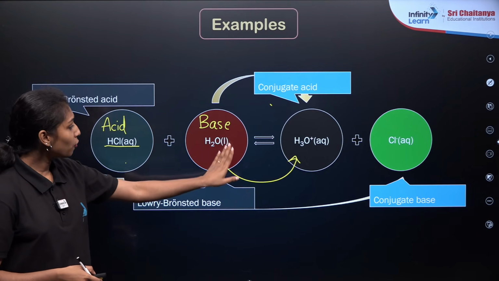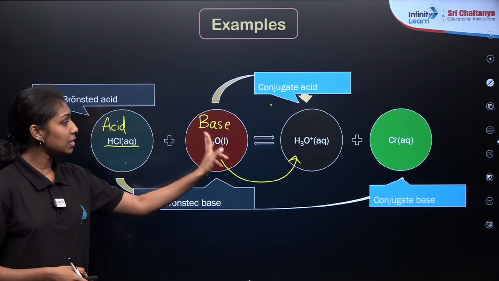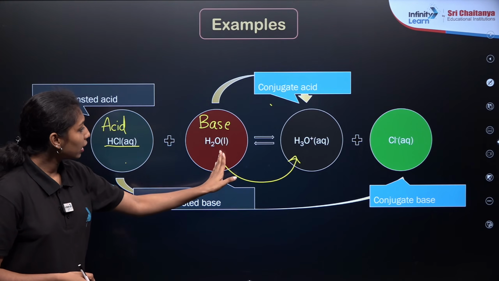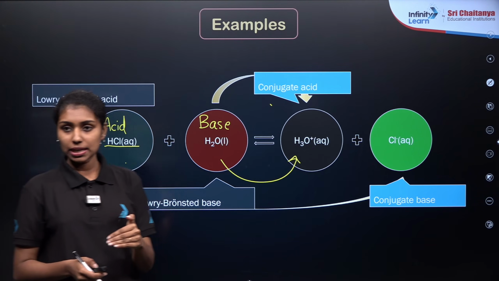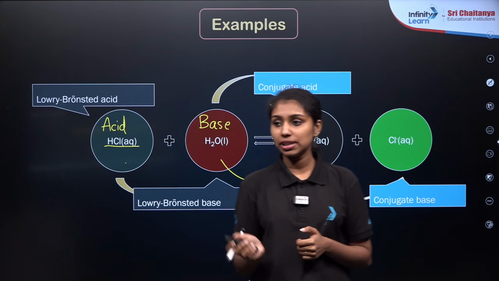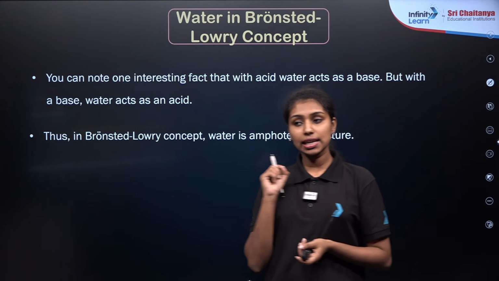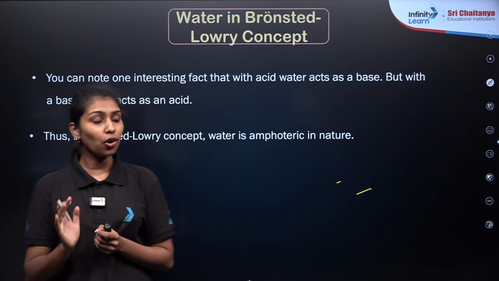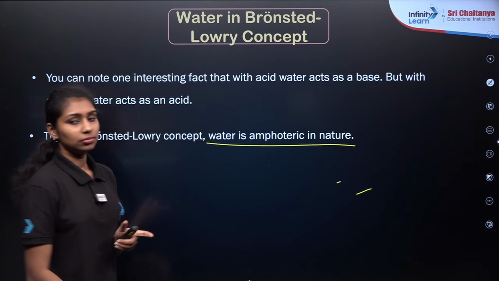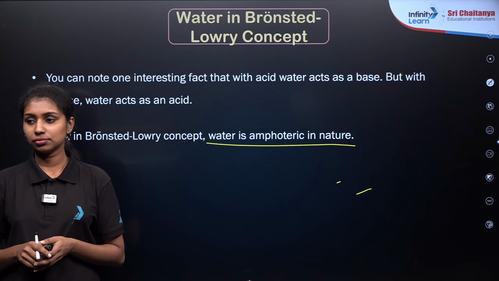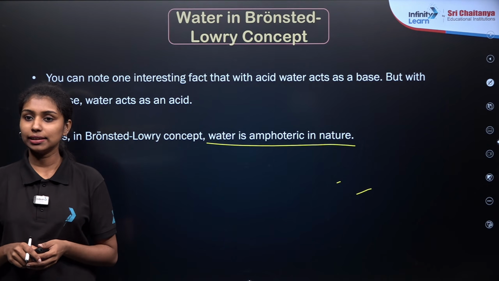If water is treated with an acid, it reacts as a base. If you are treating water with a base, it has the character of an acid. Which means that water can act as both acid as well as base. That character is known as the amphoteric nature of water. Is that clear?